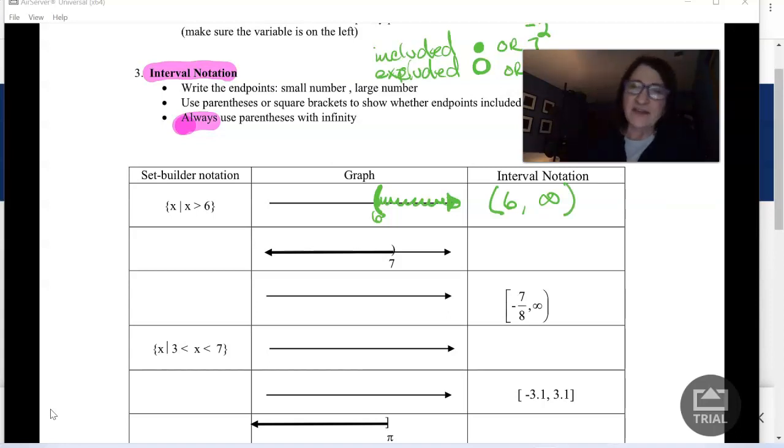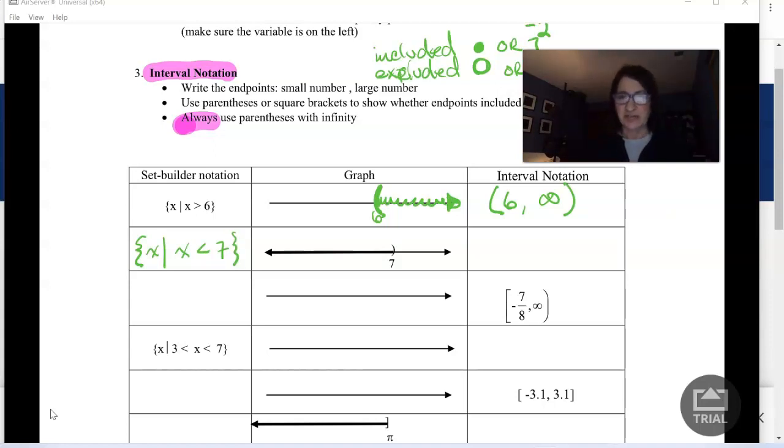Okay, let's look at this next example. So the way I've got this graph in the middle that shows everything shaded less than 7. So to write this in set builder notation, the set of all x such that x is less than 7, squiggly brackets.